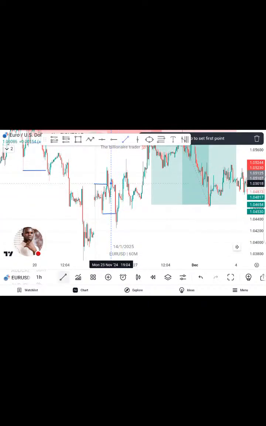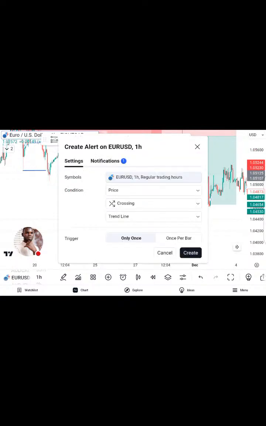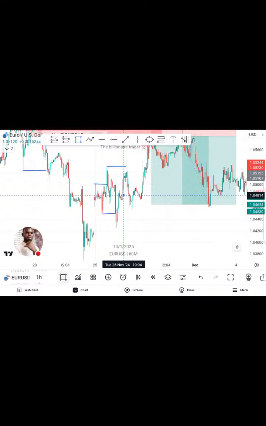And we have this eye being taken out. So the supply zone expected to push price higher is this, and in the demand zone order. And that's exactly where we have the buy.